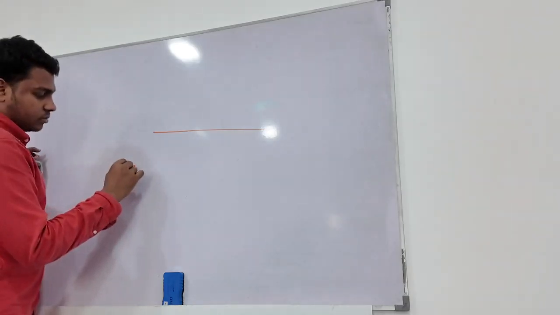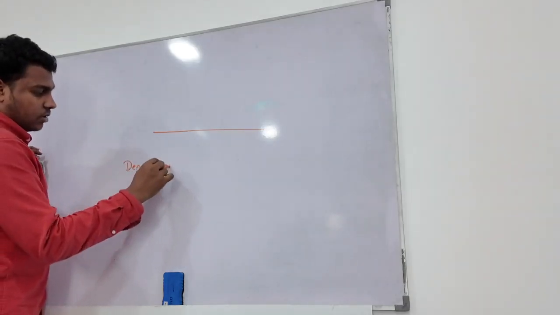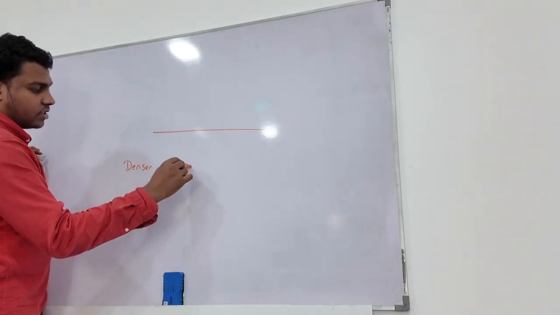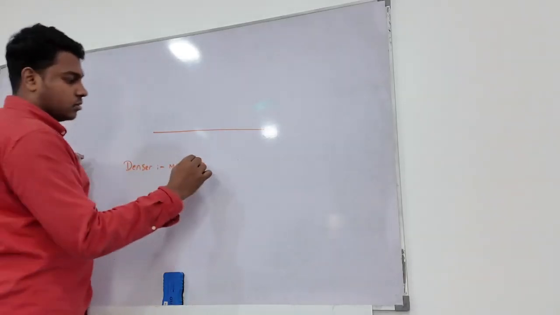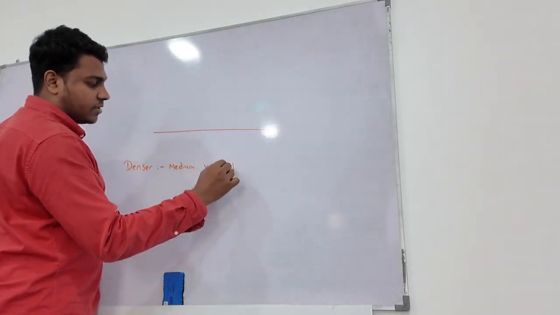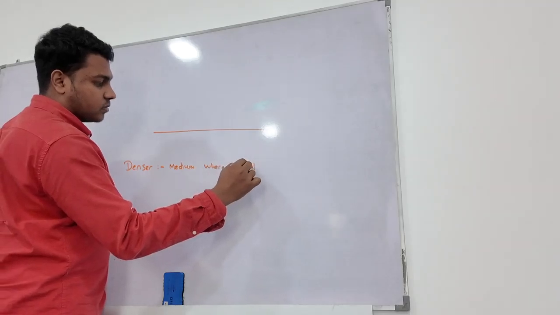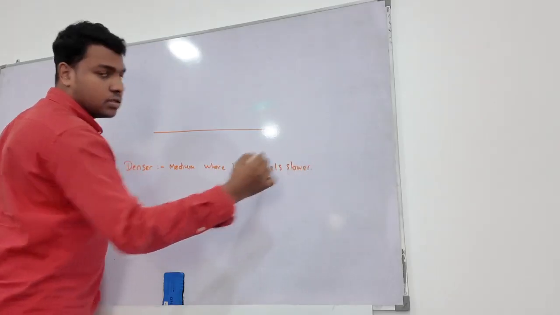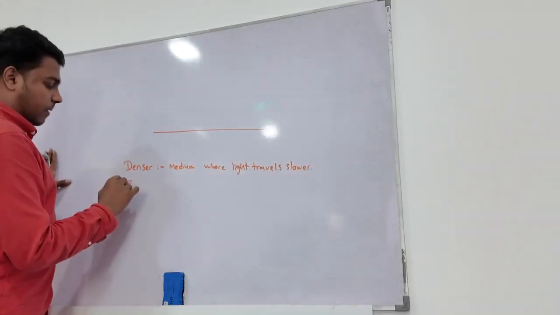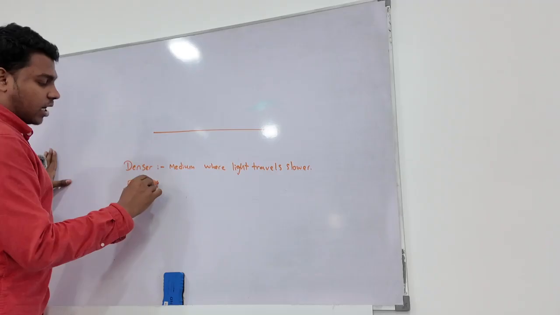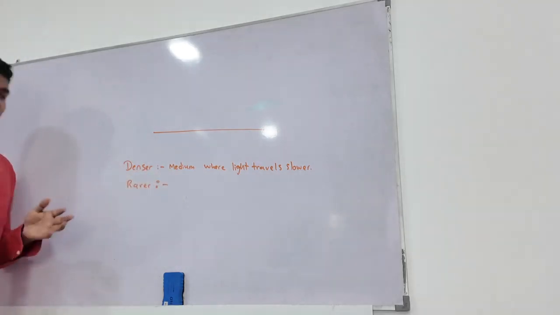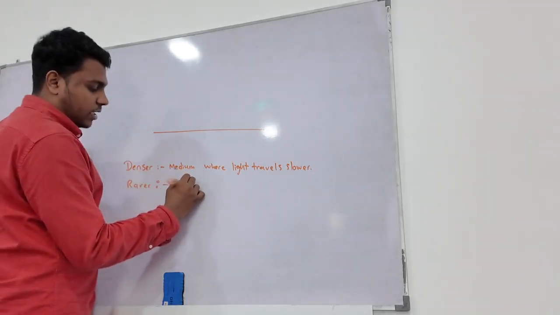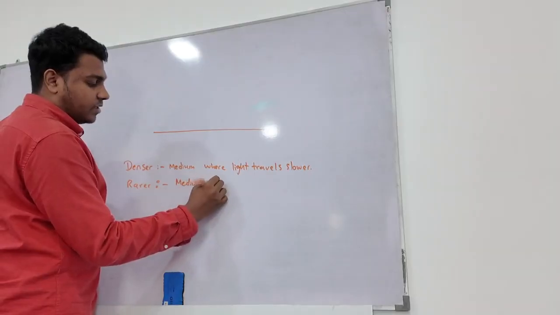Denser medium means medium in which light travels slower. Medium where light travels slower. So those who want this, start writing now. Hurry. Rare medium, so don't write it in your theory book, write it on the paper itself. Rare medium means medium where light travels faster.